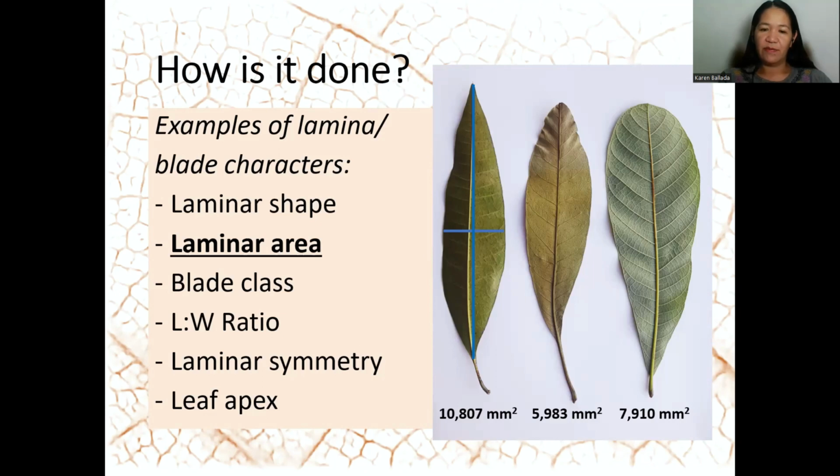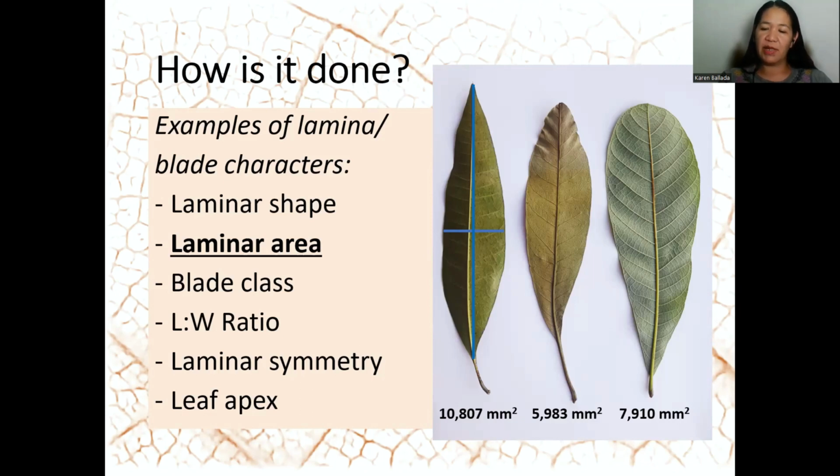Now, in my specimen here, I already did some initial computations, and you can see that the values are 10,807 millimeters squared for the leftmost leaf, 5,983 millimeters squared for the middle leaf, and 7,910 millimeters squared for the rightmost.